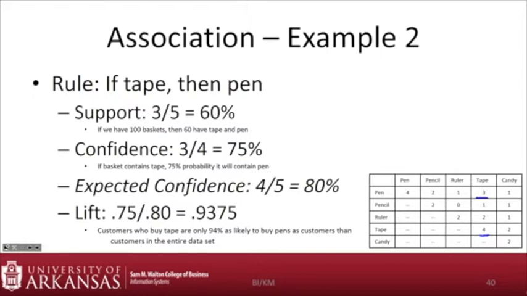Now we're going to be looking at the expected confidence. So the expected confidence is what's happening in the consequence. So I want this to be 4 out of 5. Really what happens is I just need some better numbers to make this different.